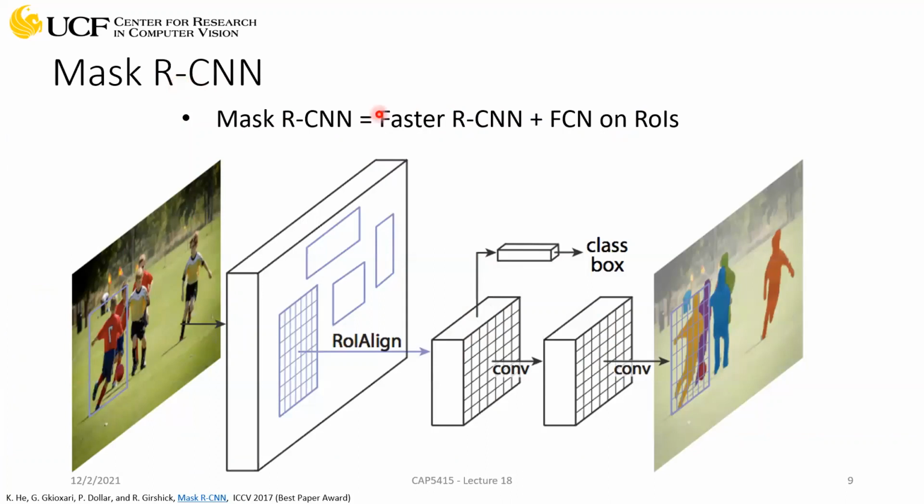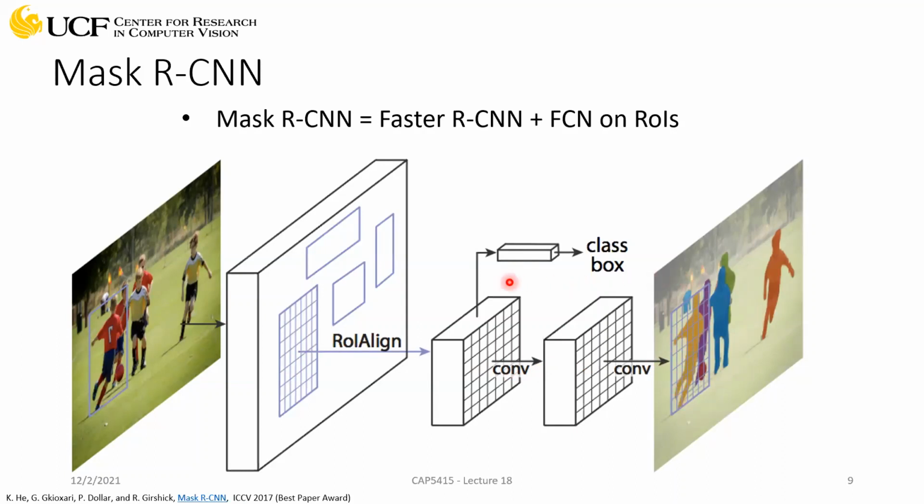So we know how Faster R-CNN works, right? Now Mask R-CNN is Faster R-CNN, exactly the same network which we discussed in one of the earlier lectures. And we just add a fully convolutional network on these regions of interest. This network is going to take these regions of interest and refine them into these segmented boundaries.